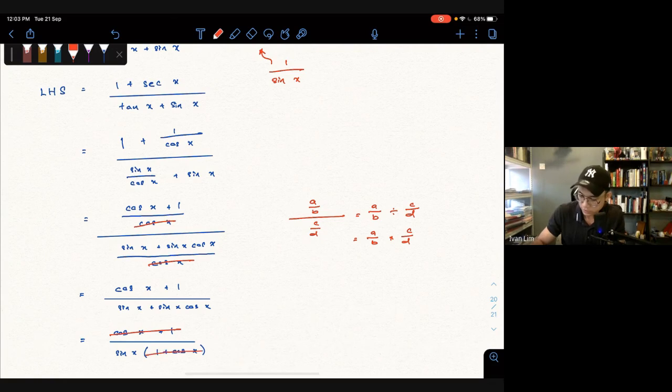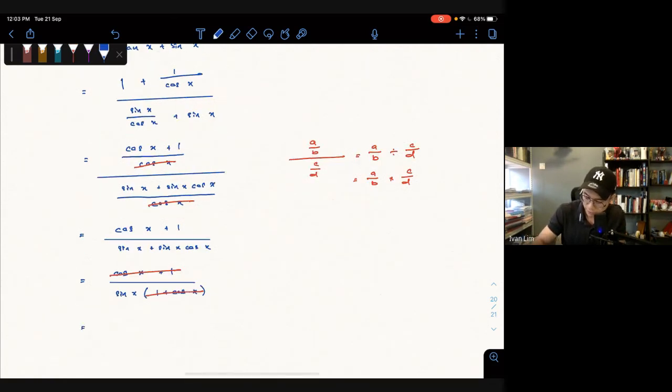This and this cancel off with each other. Therefore, it'll be 1 over sine x, which equals cosecant x. This equals the right-hand side, therefore proven.